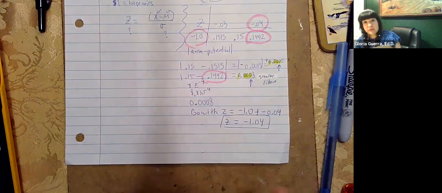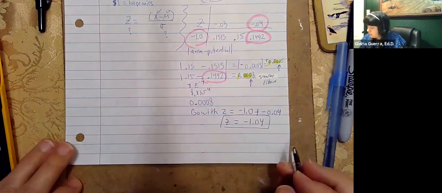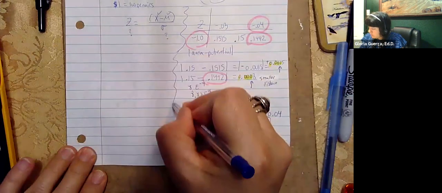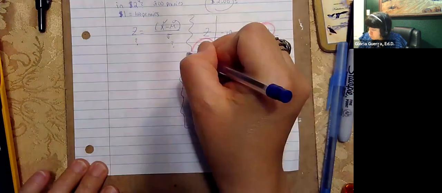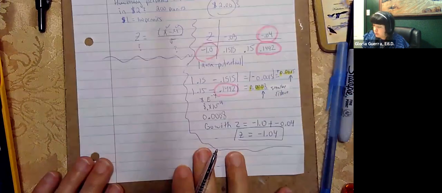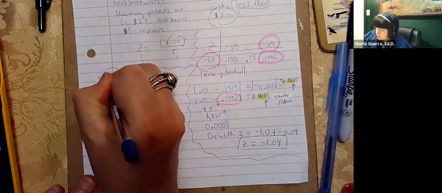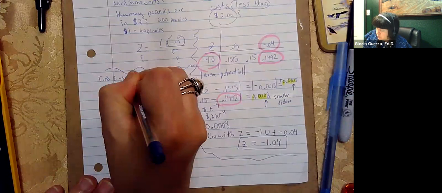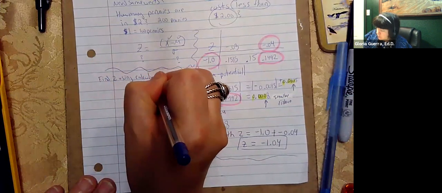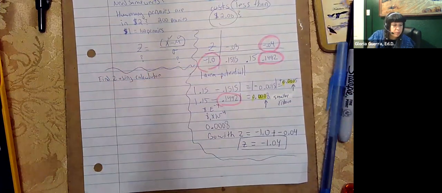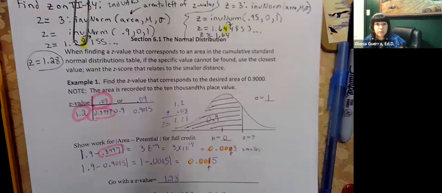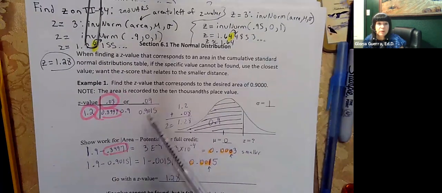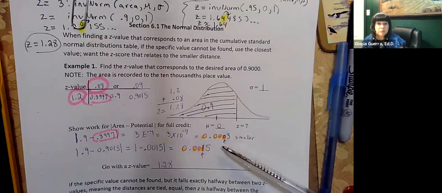Now let me find Z using the calculator instead of the table. Remember, if I go back to my 6.1 lesson, the last page we did in that lesson, sometimes the areas are equal.